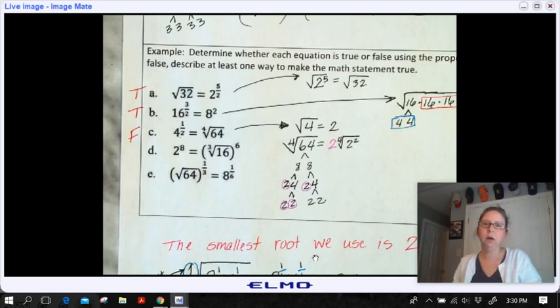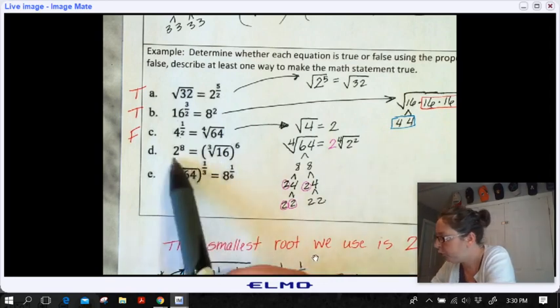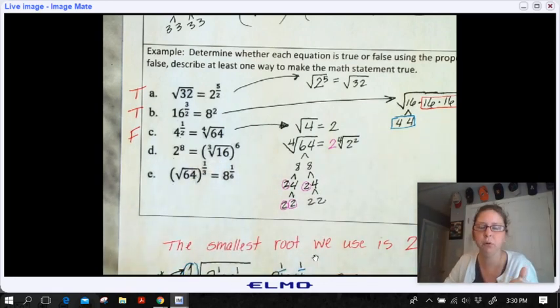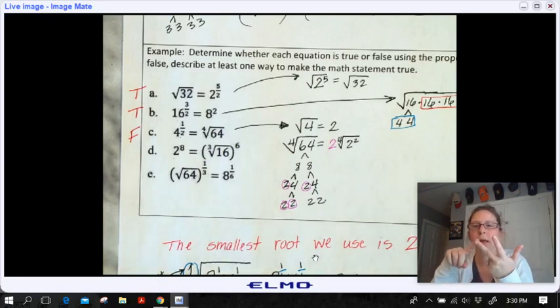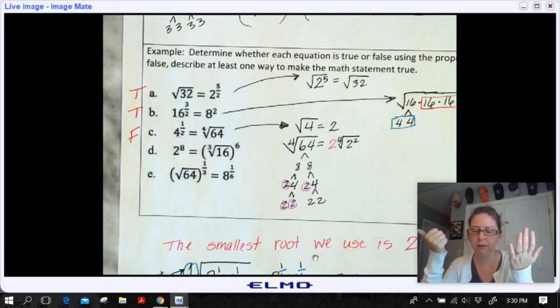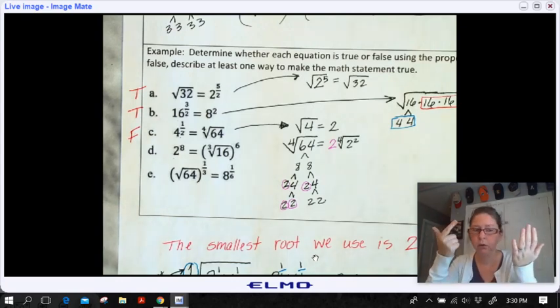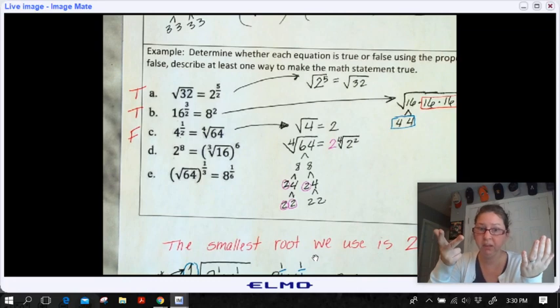All right. Let's look at D. So 2 to the 8th power. I think we did that earlier, but let's just go ahead and run through it again. 2 times 2 is 4, 8, 16, 32, 64, 128, 256.